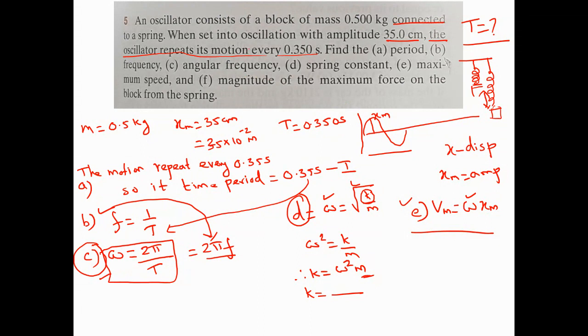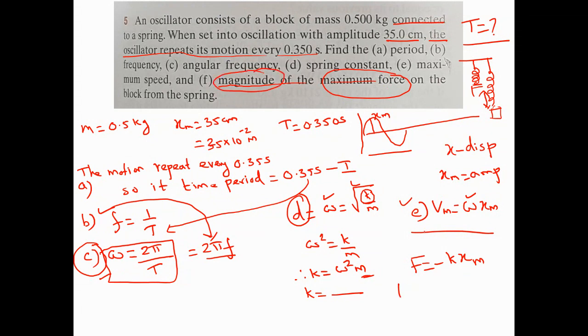Okay. What is the answer for the last question? They clearly mentioned find the magnitude of the maximum force. My dear, here we know Hooke's law. What is our Hooke's law? F is equal to minus kx. X is the displacement, but what they mention here, we are going to find the maximum force based on the amplitude. So I can just write this as minus kxm. Am I right? So from this, I can just take the magnitude, because they clearly mentioned the word magnitude.